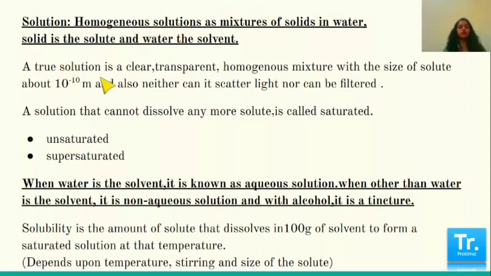A true solution is a clear, transparent, homogeneous mixture with a solute size of about 10 to the power minus 10 meter, very small. It cannot scatter light, it cannot be filtered, and it cannot be seen.